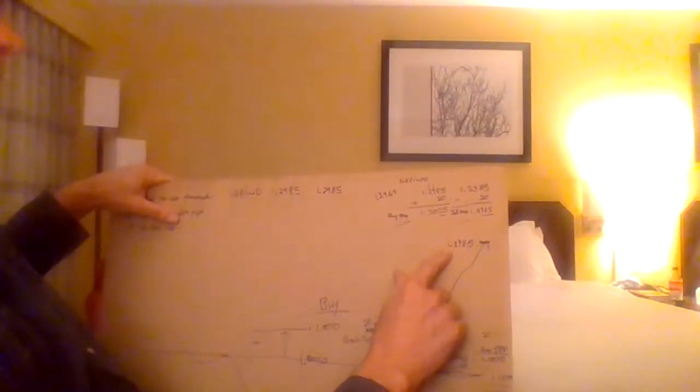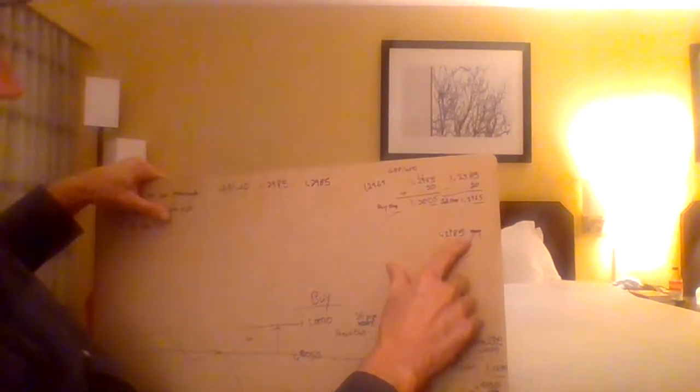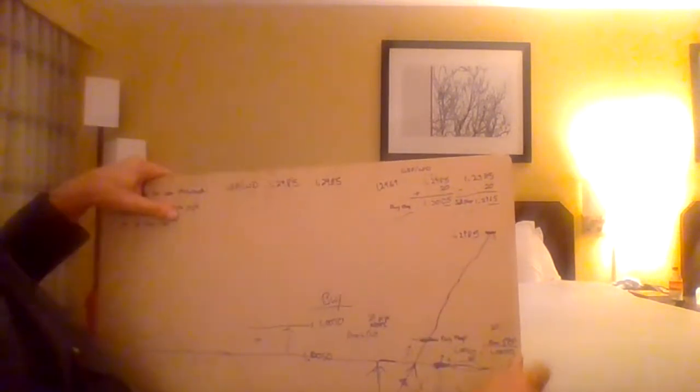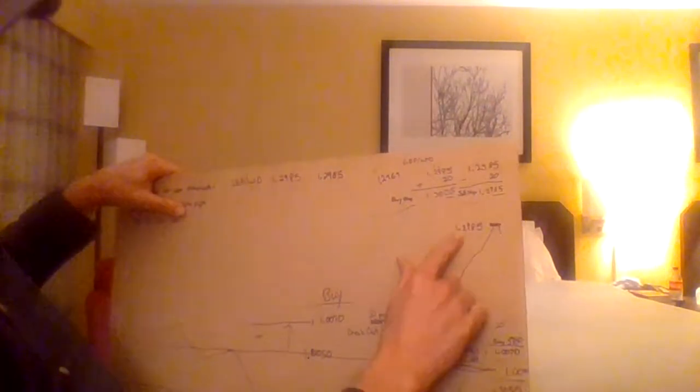So that would be 1.3085. That's 100 pips added to 1.2985. It's currently right there. So if I wanted to gather 100 pips and I thought it was going to continue up on a buy, I would go to 1.3085.